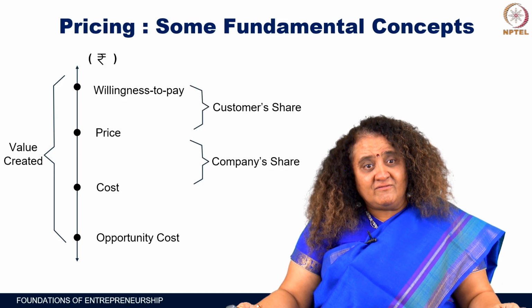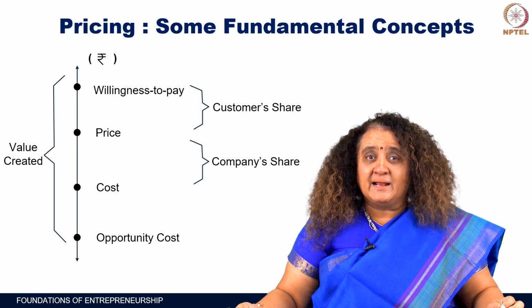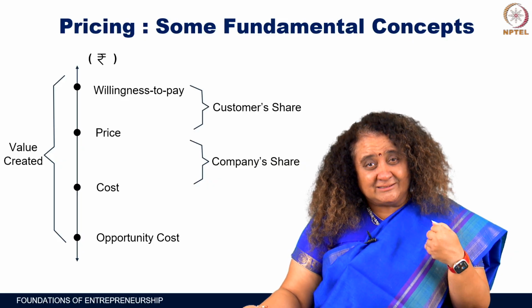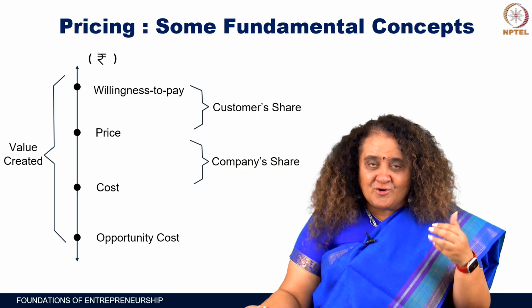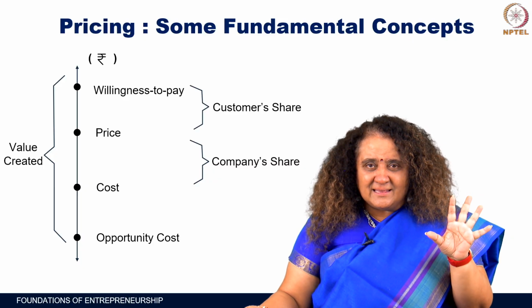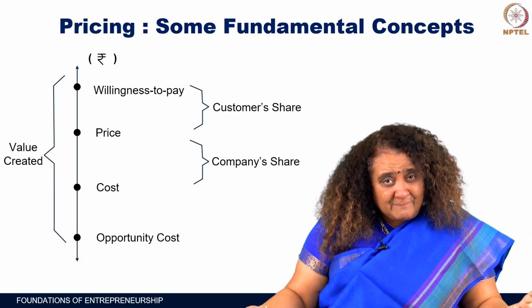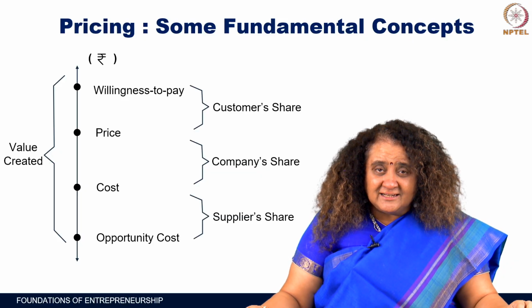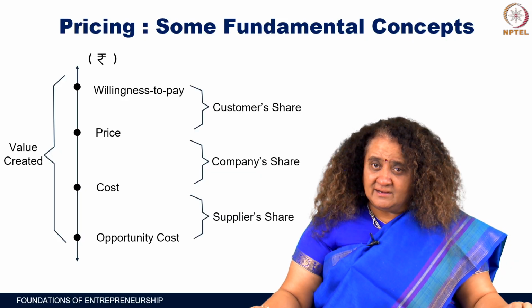The difference between willingness to pay and actual price paid is the surplus, the amount the customer keeps, whether they pay or not, they were willing to pay. So, that is the amount they are keeping in their wallets without having given to your company at all, and the difference between the cost and the opportunity cost is what the supplier or the vendor keeps.